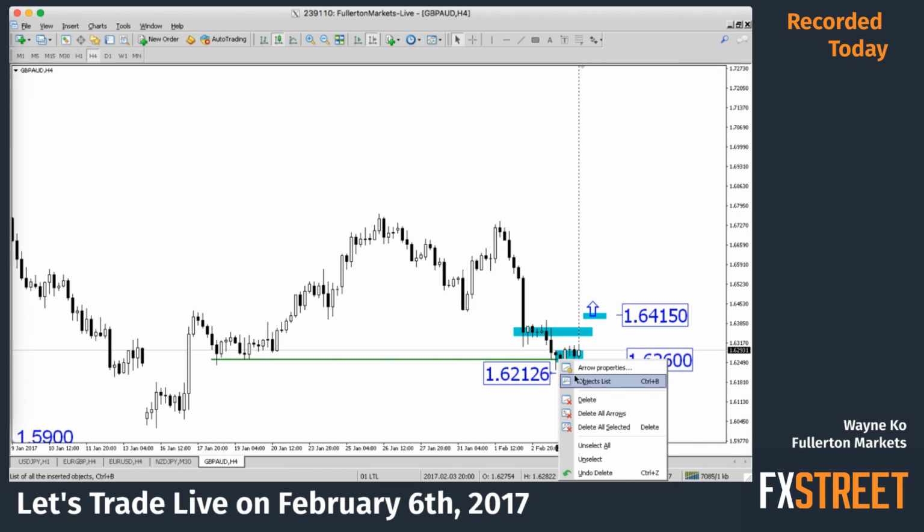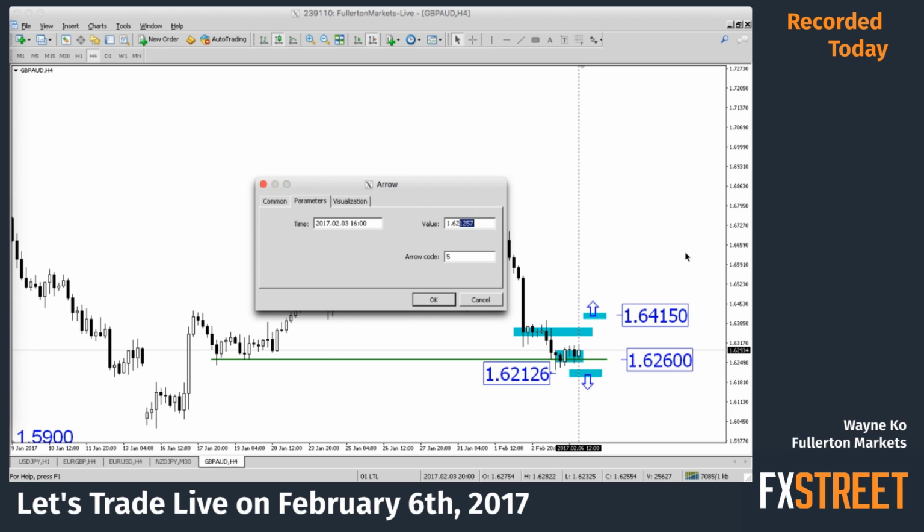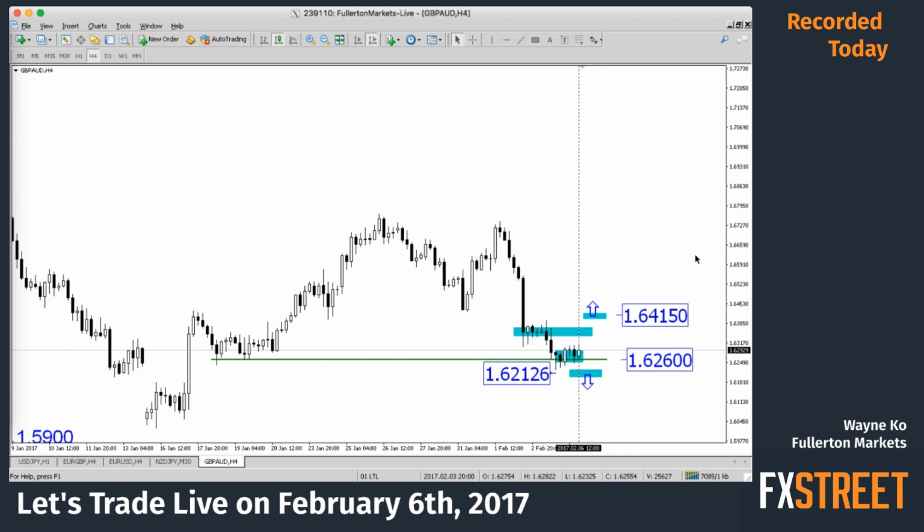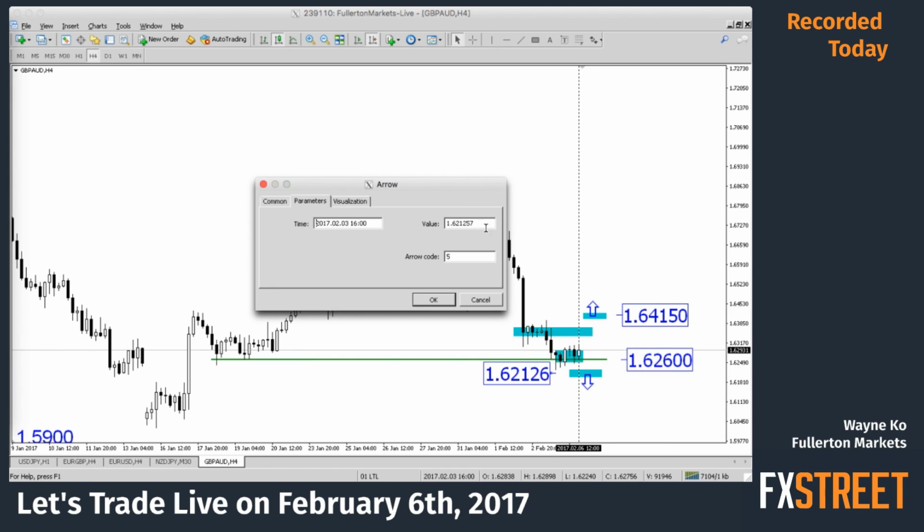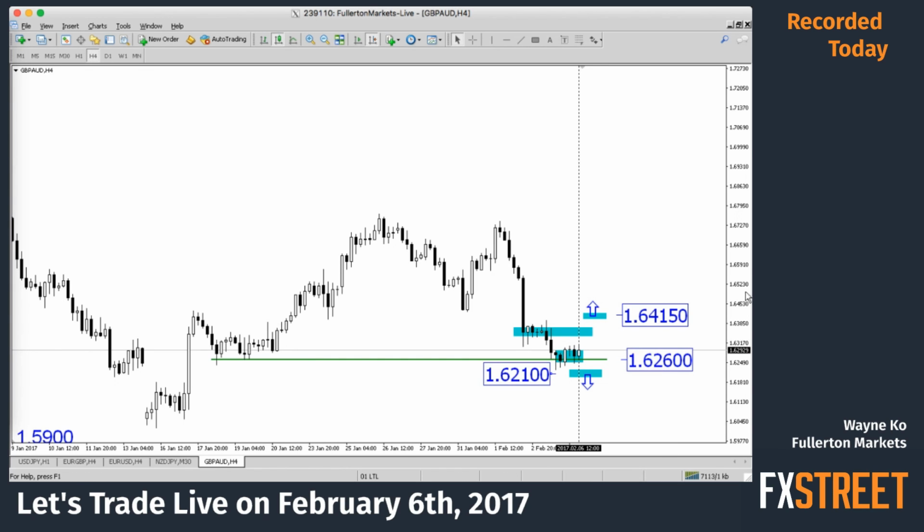And just for your reference, the lower one is about 1.6210 plus minus. That will be the long and short suggestion on pound Aussie.